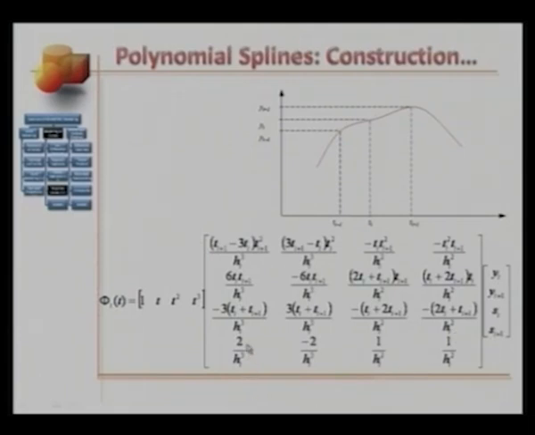In the fourth row, we have 2 over h i cubed, minus 2 over h i cubed, 1 over h i squared, and 1 over h i squared. Okay, what is h i?